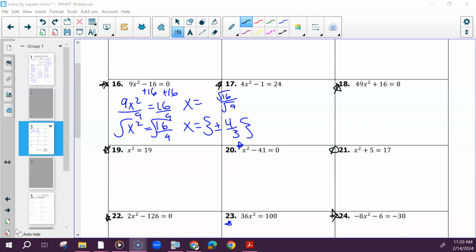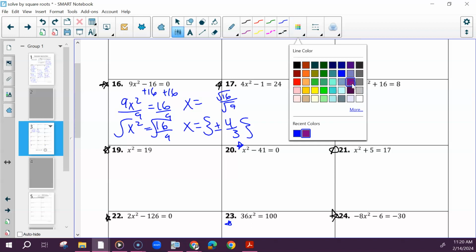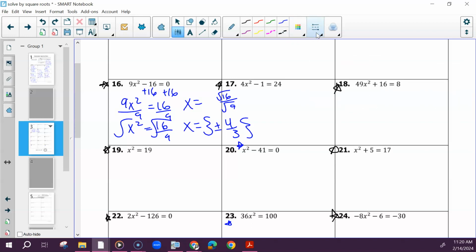17 would be similar. Did a good job. For 18, how would we start solving that? Add or subtract 16. Subtract 16. 49x squared equals negative 8.